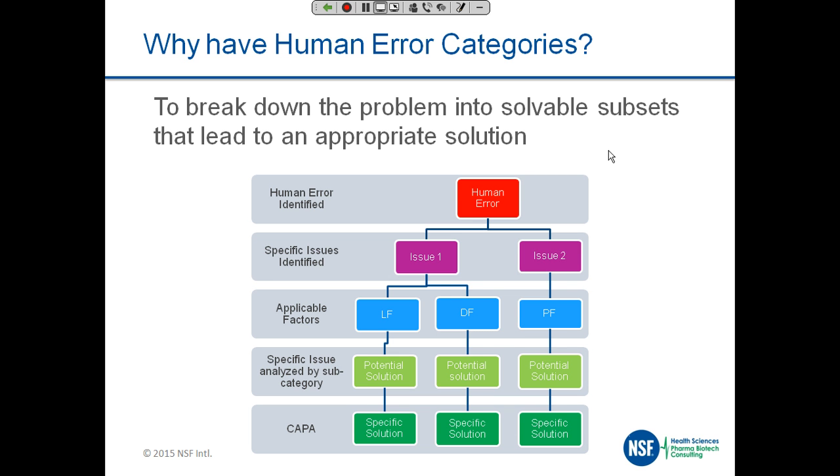And with those factors, we're able to go down a path to identify potential solutions much more readily. So it's like the microbiologist or the engineer. We're all really good at classifying stuff into subsets so we can tackle the subsets in a really appropriate way. And that's one reason why we classify.